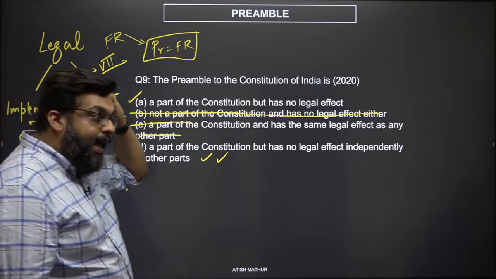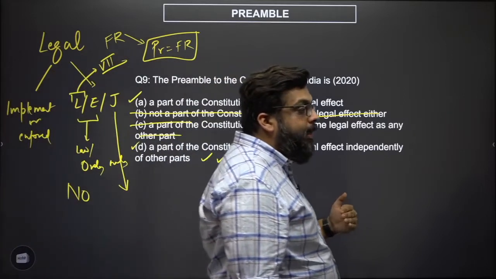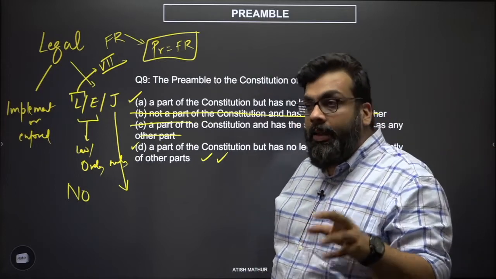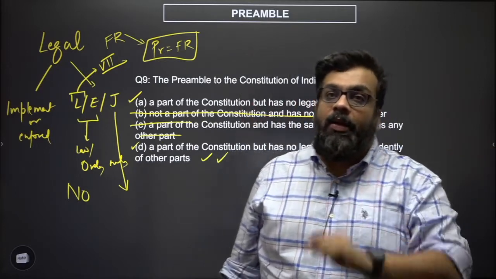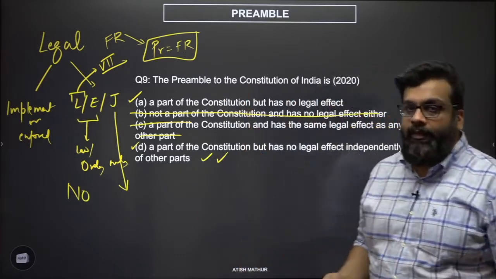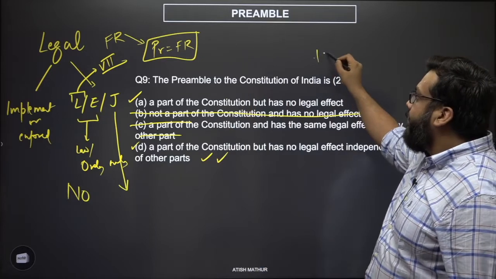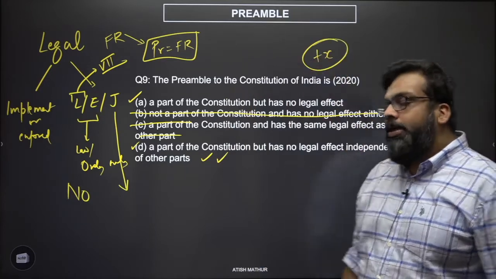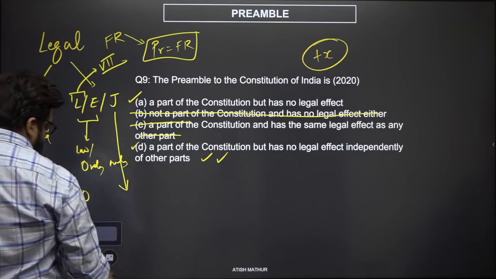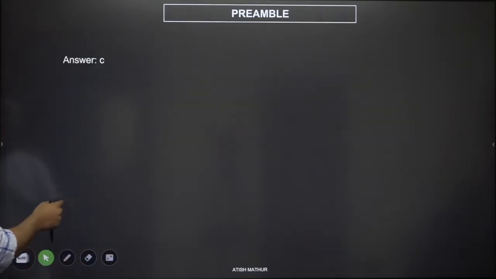The judiciary can give a judgment on the basis of the preamble and something else. The judiciary can rely on the preamble, but never just the preamble while delivering a judgment. So on its own it does not have a value. With something else, the plus X principle, it does. The correct answer here would be D.